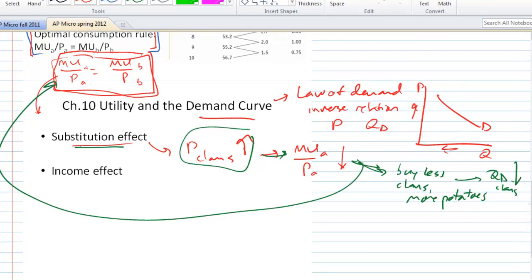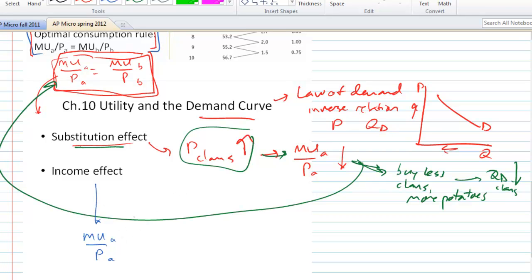And then second, we have the income effect. For this, we don't even have to deal with the optimal consumption rule in terms of both goods. We just say, if the marginal utility per dollar of clams is how we're choosing clams, we can still go all the way through those options, but we're going to have to stop earlier.